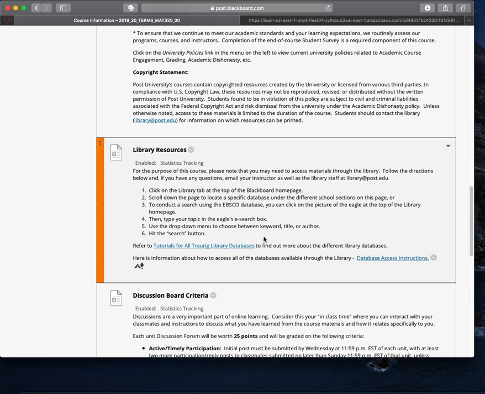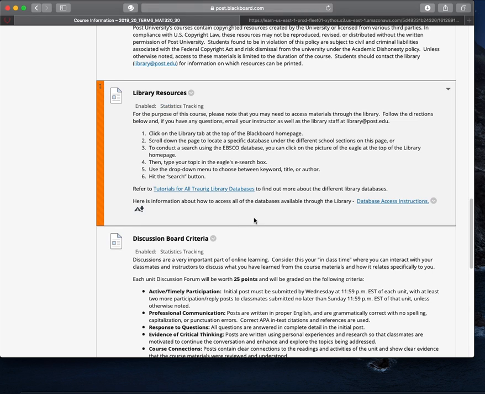The library resources page is on here because there are a couple of assignments dealing with researching different topics. So the library resources here, along with the library databases, could be used to research those different topics.